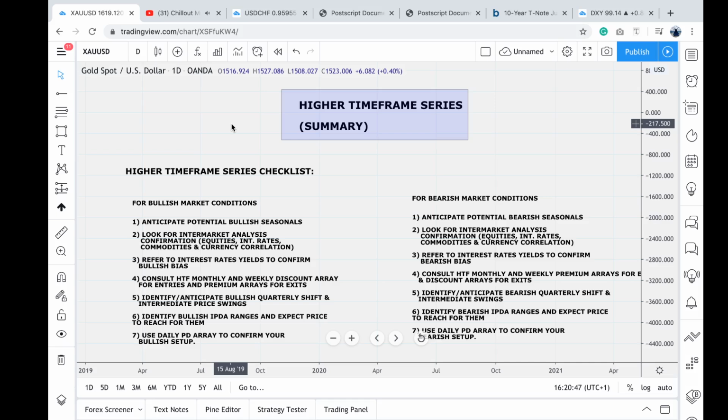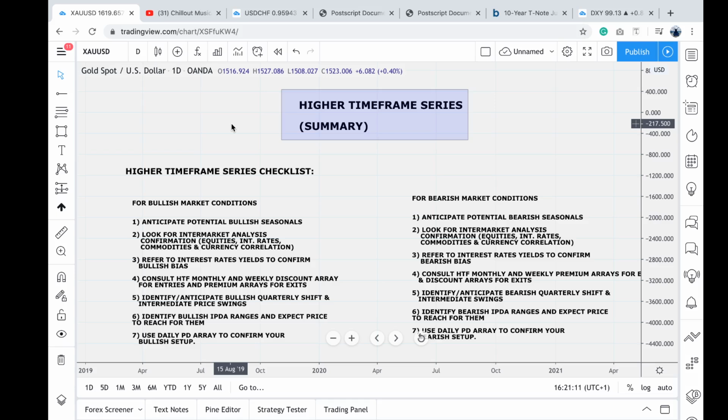So what this session is going to do is sum up everything we've covered in the last one month of the higher time frame series, via my higher time frame series checklist. This is what I do as a checklist, right? If you want to do a higher time frame analysis, this is what you need to have.